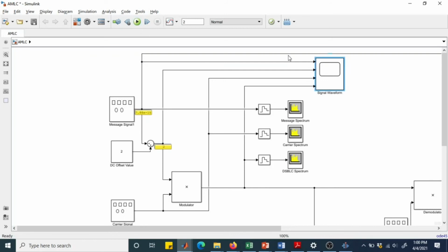Now in the scope, the first feed is of the message signal, and the second feed is the DC offset of the message signal coming from here, the output of this summation block. The third feed is of the carrier, and the fourth feed is the AM modulated signal. So let us visualize these results.